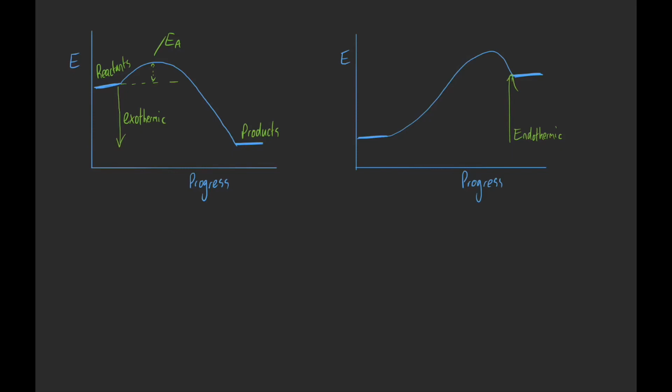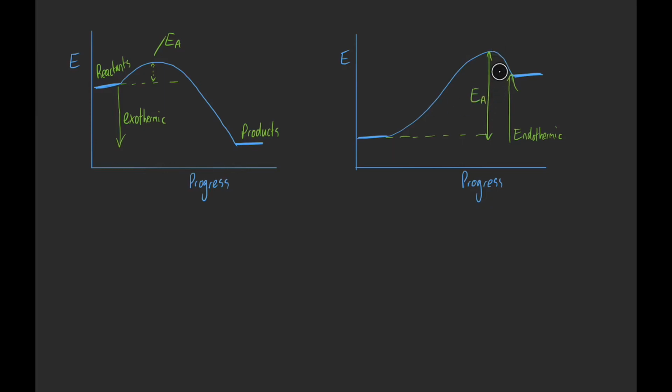And here, the actual activation energy is the whole height of this barrier, starting from our reactants, going all the way up to the height of our energy barrier. So in this case, we have a much larger activation energy than we do in the exothermic case. And it's the height of this barrier which will determine in part the reaction rate constant.